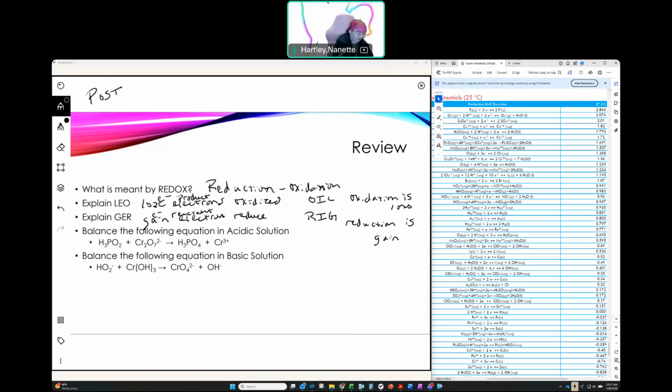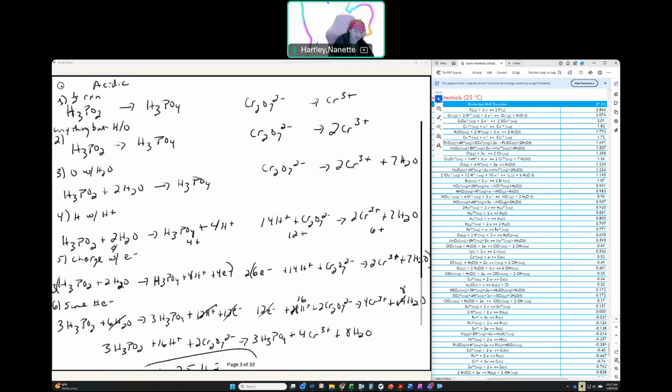Now I have two examples for balancing the following equations. One is in acidic solution, one is in basic solution. So I'm going to walk through how I did that. I'm going to flip this over and show you that there is this solution that's already posted. Okay. What I did was, first step, always write my half reactions. So I have H3PO2 going to H3PO4.